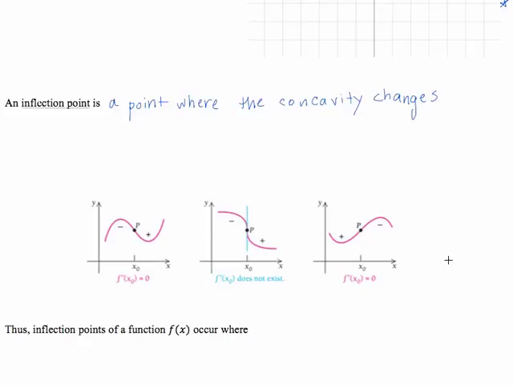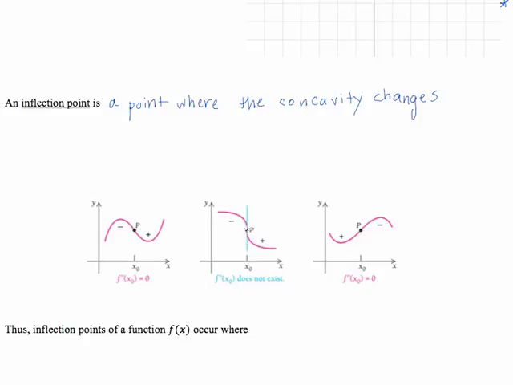So in the first example, the second derivative goes from being negative to positive, and it changes right here at this point P. So over here the second derivative is negative because it's concave down, and it changes to being positive where it's concave up. So that change must occur where the second derivative goes through 0 because it goes from being negative to positive. So this is an inflection point.